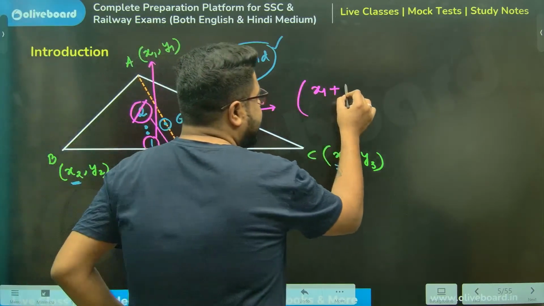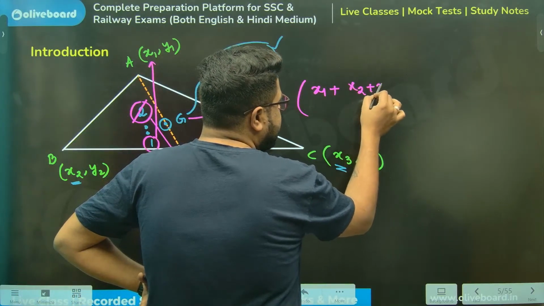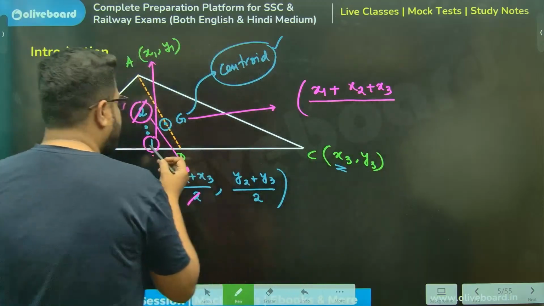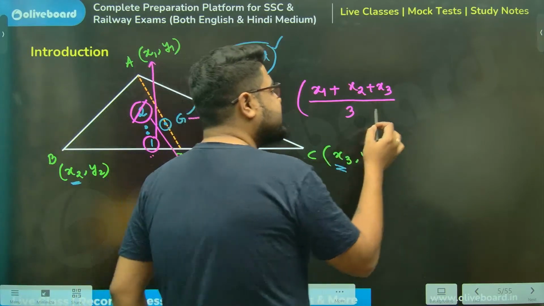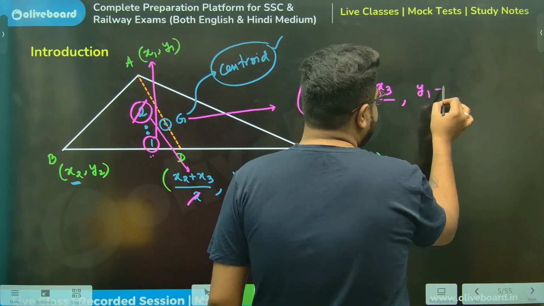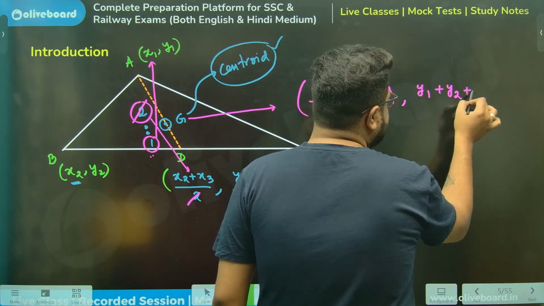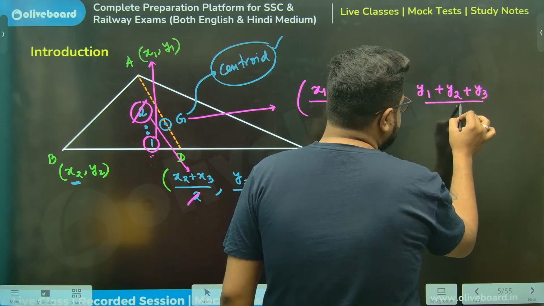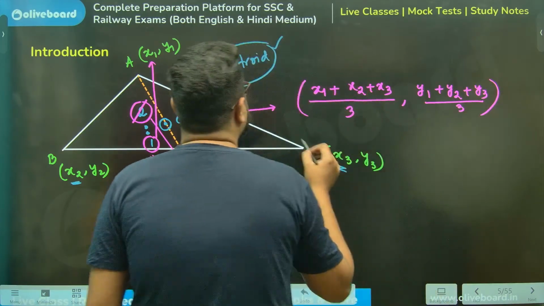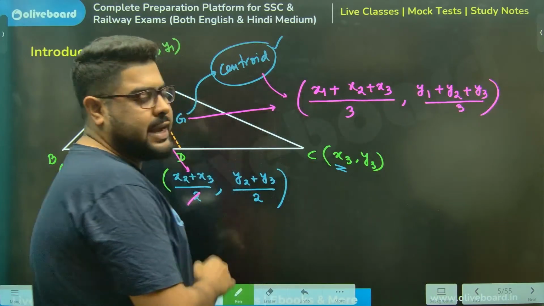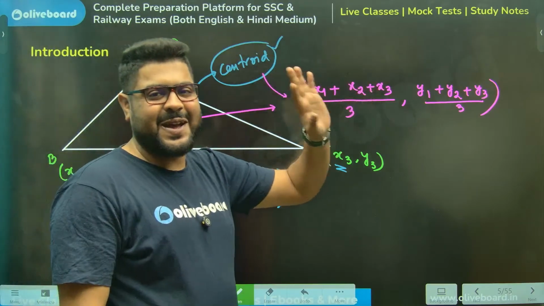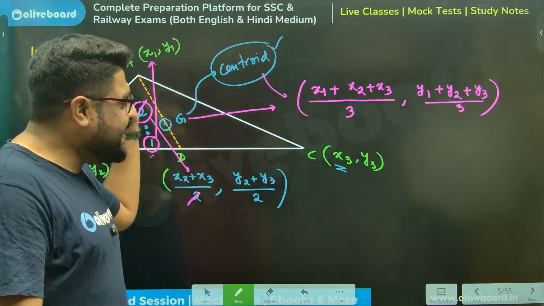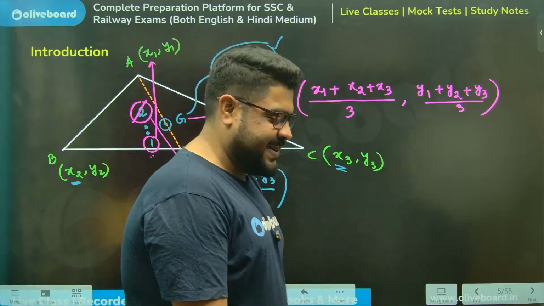So we will have x2 plus x3 divided by m1 plus m2, 1 plus 2 gives you 3. The same will happen to y. And hence we find the coordinates of the centroid of any triangle. This is also a formula; I just showed you the proof and hence we understood the application as well.